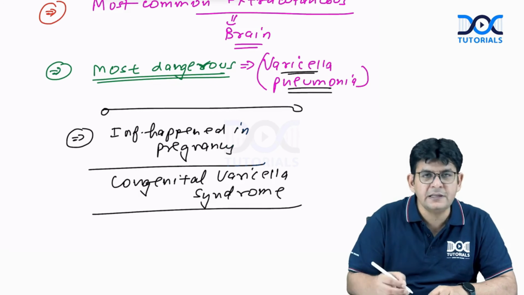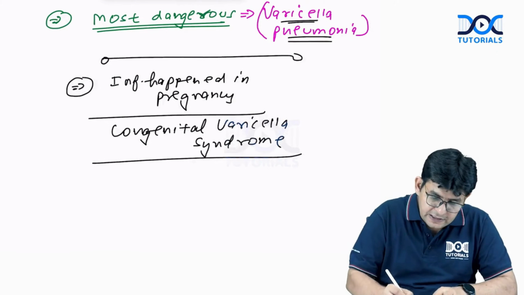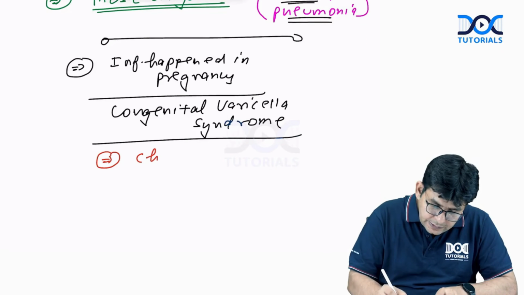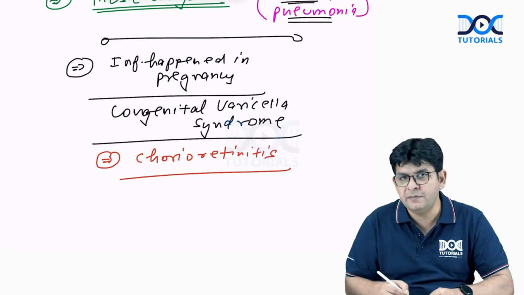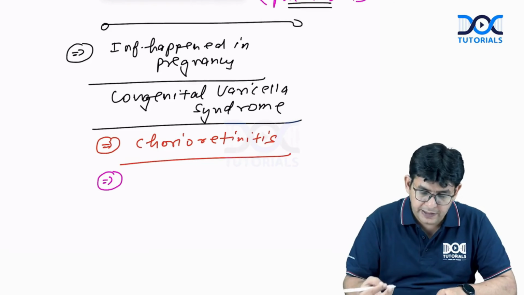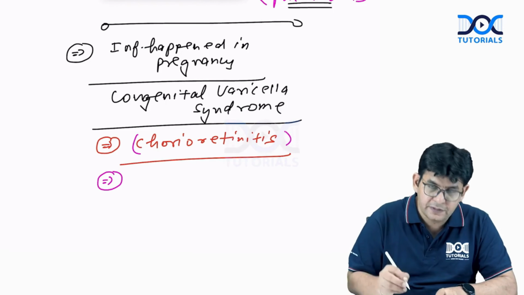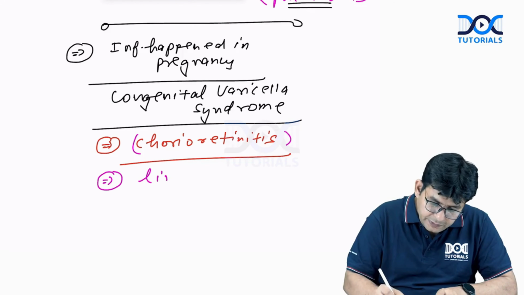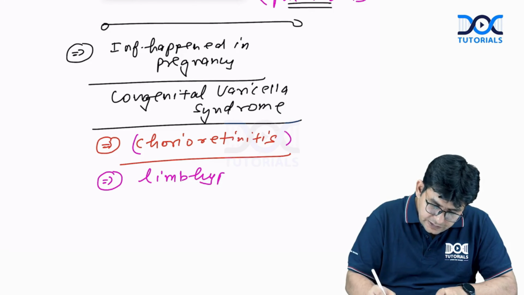In the form of what, guys? Congenital varicella syndrome. And what do we have in congenital varicella syndrome? Chorioretinitis, inflammation of the choroid and retina. Other than that, limb hypoplasia, meaning short limb.